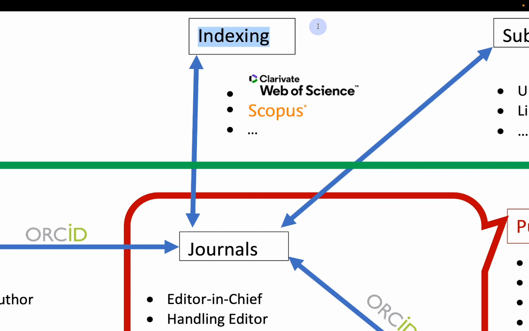The major indexing databases are Web of Science and Scopus. If journals are indexed in these databases, they more likely have relative validity in the scientific world. For this reason, journals try to make a connection with them and respect their standards.